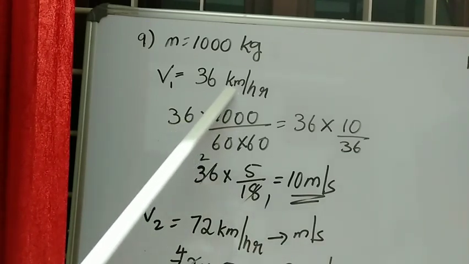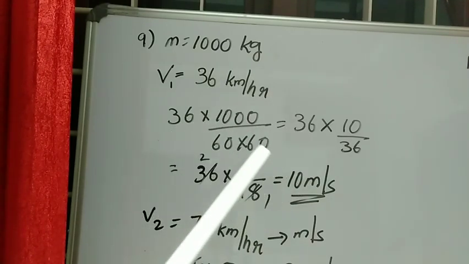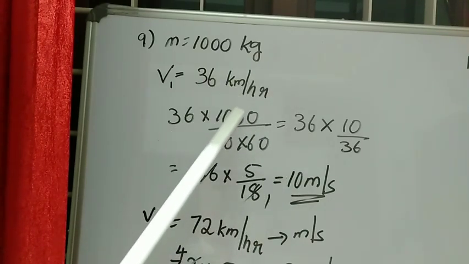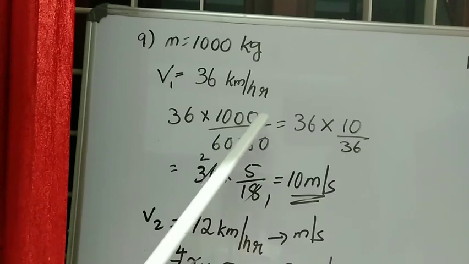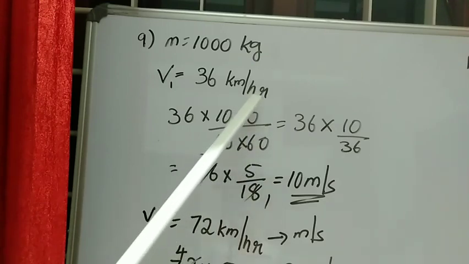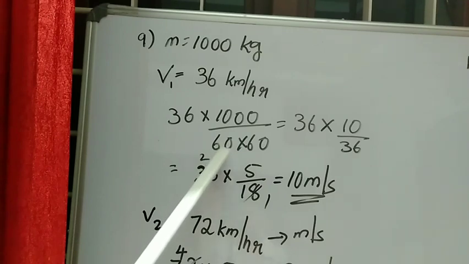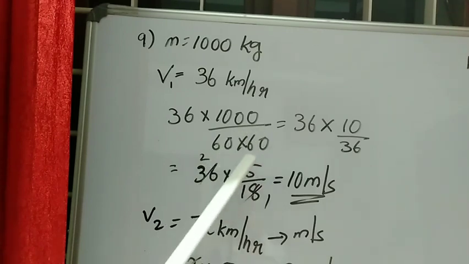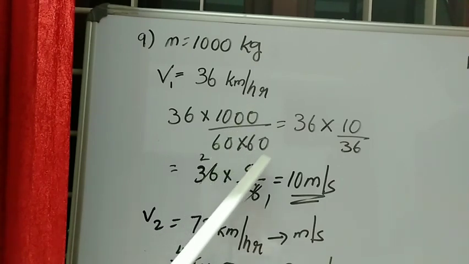We have 1000 meter is 1 kilometer, so instead of kilometer we can write 1000 meter. And instead of hour, it is 60 into 60, since 60 minute into 60 second makes 1 hour. So 1000 by 60 into 60.